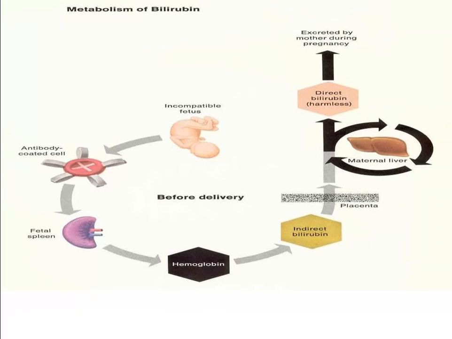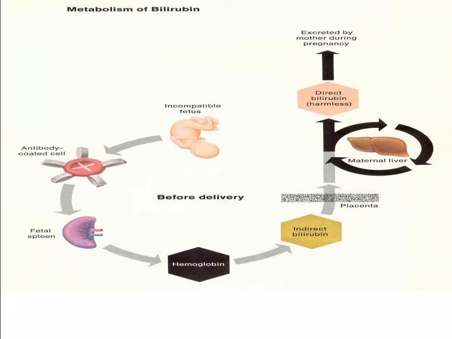in the fetal spleen, the hemoglobin is released. And once the hemoglobin is broken down, indirect bilirubin, or unconjugated bilirubin, has to be converted into direct, or conjugated, bilirubin to be excreted.